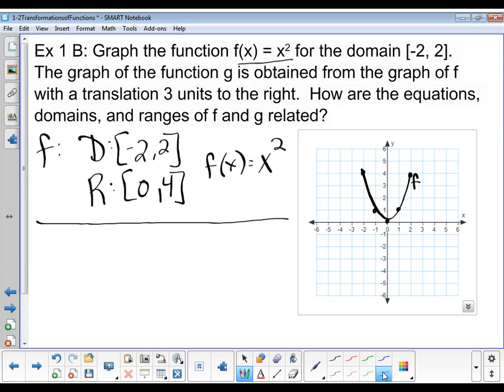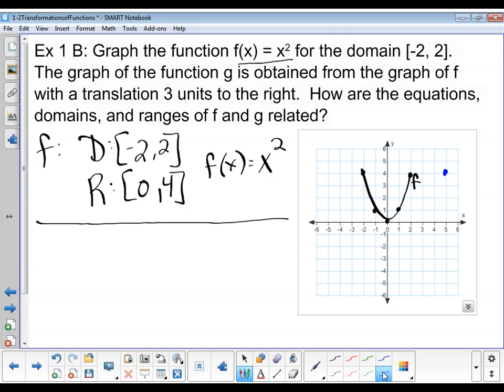Now we're going to look at g. In this case, it says g is obtained with the translation 3 units to the right. So I would take all my points of f and I'm going to shift them over 3 points to the right. So this point over here, this 2, 4, is going to shift 1, 2, 3.